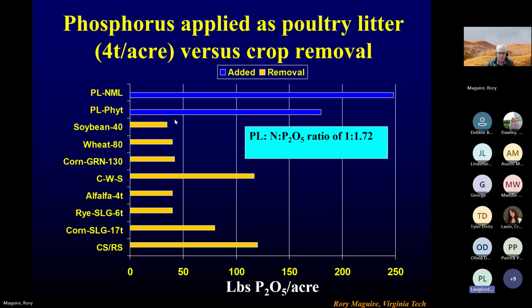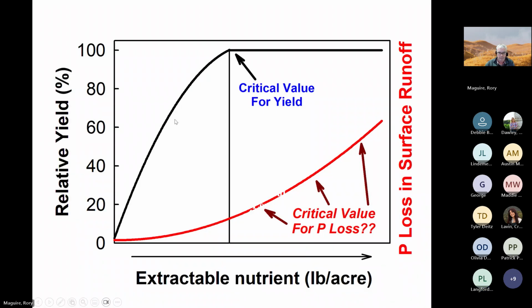Next slide, please. And so this graph is showing your relative yield percentage with increasing extractable nutrient. So for your relative yield, that will increase up to a certain critical value, and then it sort of stabilizes.